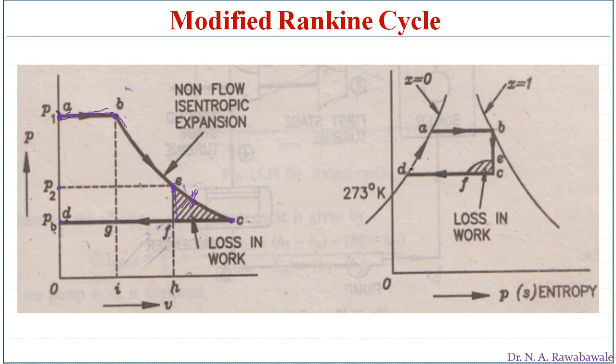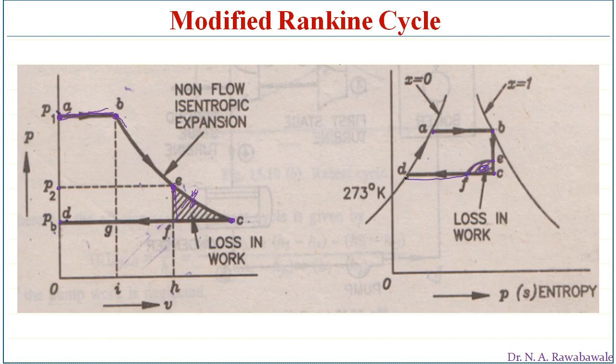If we show it on the TS diagram, A to B is conversion of saturated water into dry saturated steam. From B to C actual expansion has to take place, but at point E itself, in between, steam is exhausted at constant volume up to point F. This loss of work is shown by the area, and from F onwards steam is condensed or exhausted.